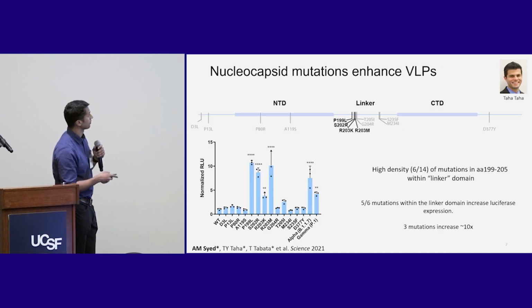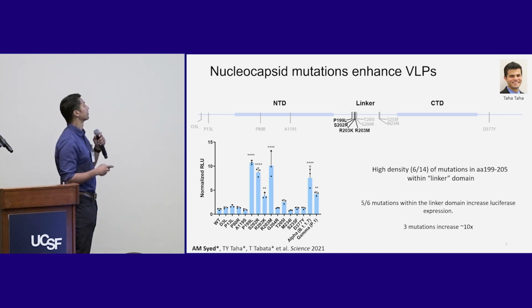So I did this in close collaboration with Melanie Ott's lab, and especially Taha, who's sitting in the audience as well. And before I tell you the results, even before testing it, we found an interesting relationship where a large portion of the mutations in the nucleocapsid protein seem to occur in the 7 amino acid region of the nucleocapsid protein.